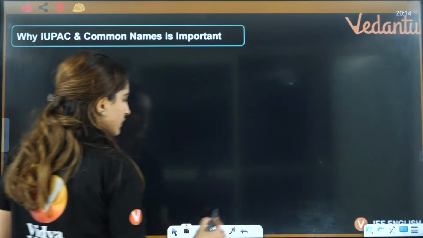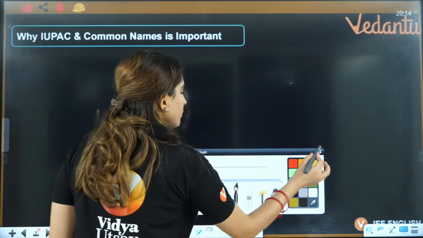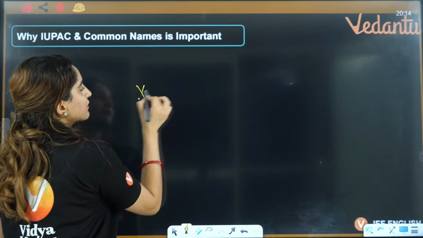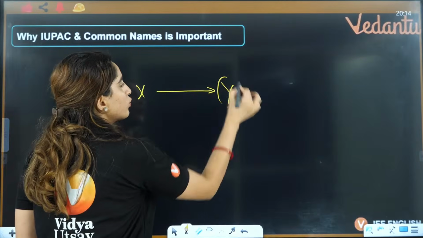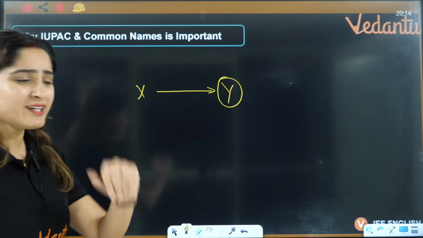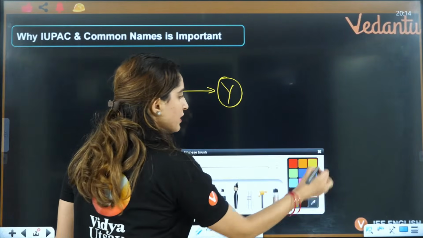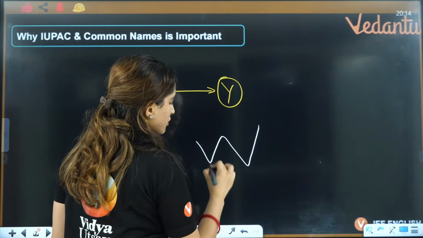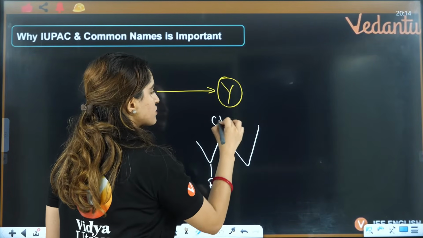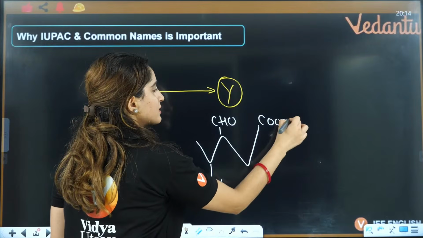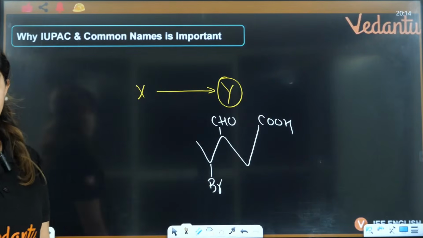Then, talking about the next factor, in some questions they will give you reactions. Some product A is getting converted to B. For example, I will just write here that some product X is getting converted to Y. They will not tell you what product is formed, for example this kind of structure is formed here.